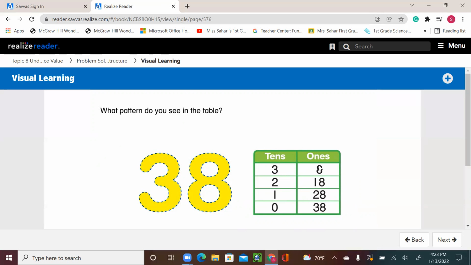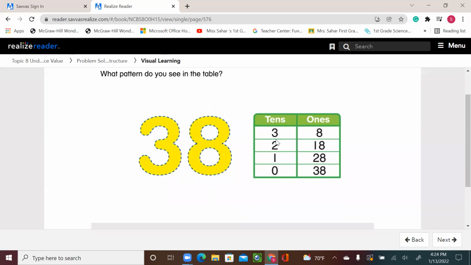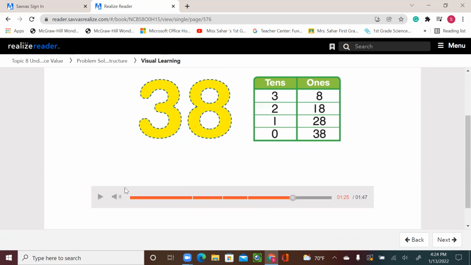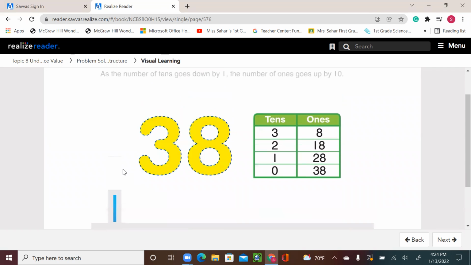But in the meanwhile, the ones increased. It was 8 ones, now 18 ones, now 28 ones, now 38 ones. So the tens go down by one, and the ones go up by 10. As the number of tens goes down by 1, the number of ones goes up by 10.